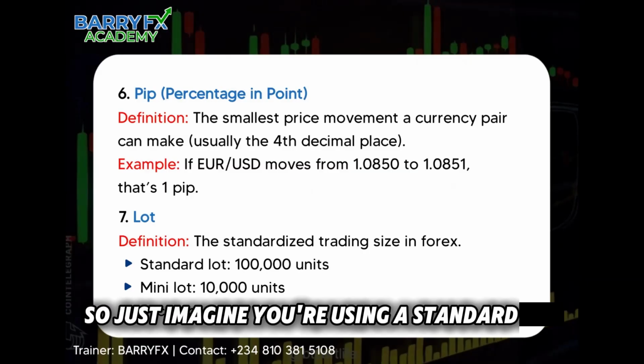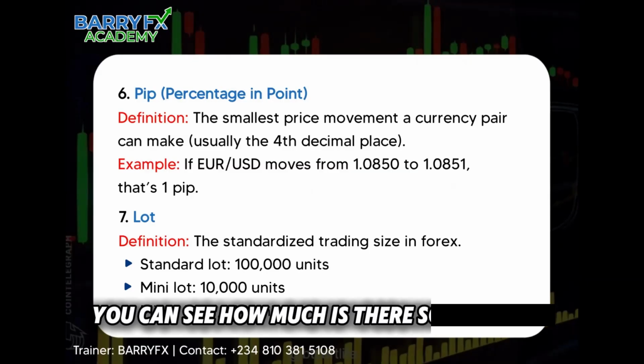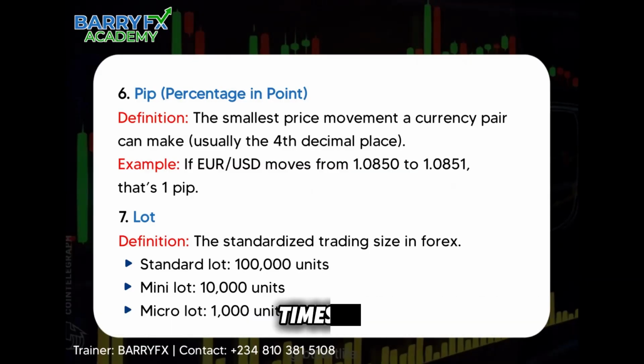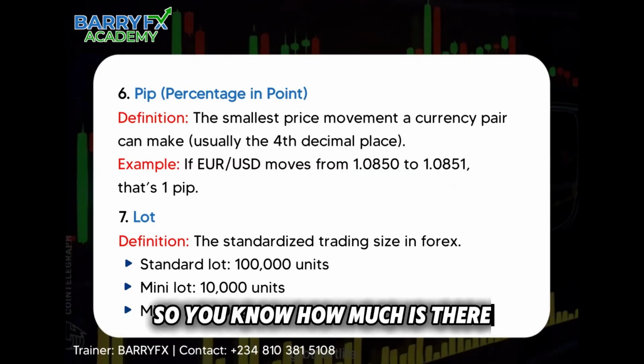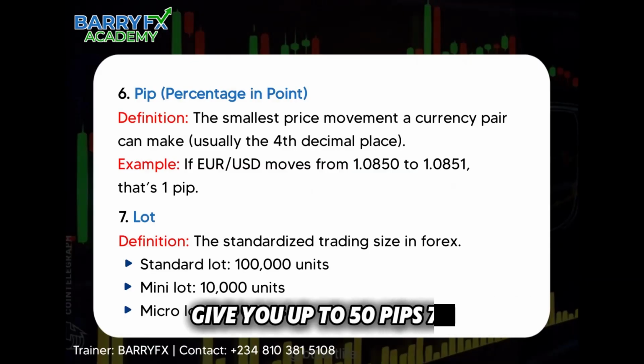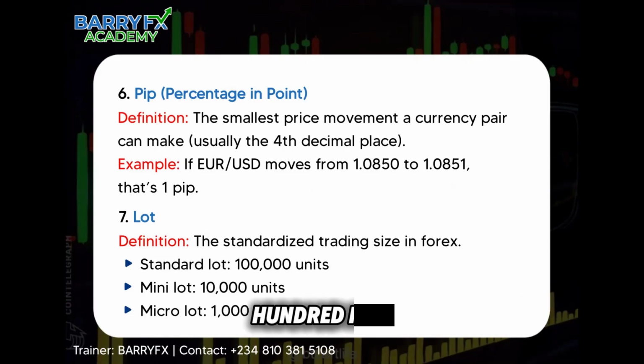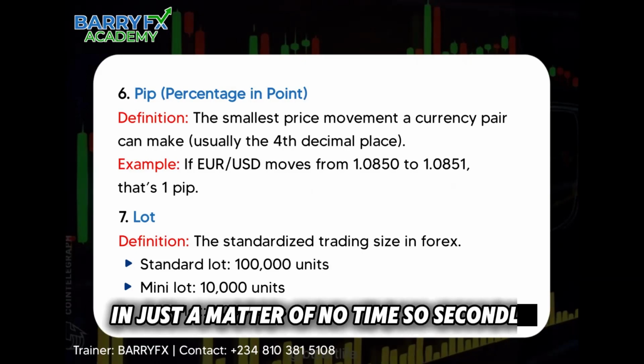Just imagine you are using a standard lot and you are able to catch up to 30 pips. So $10 times 30, you know how much is there. And there are some trades that can give you up to 50, 70, 100 pips, especially on gold, in just a matter of no time.